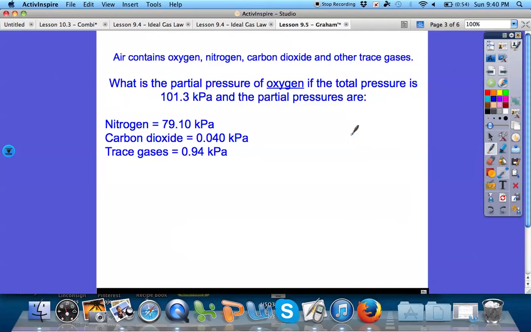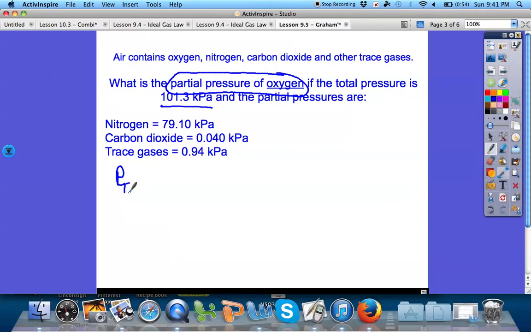So our first problem with Dalton's law says air contains oxygen, nitrogen, carbon dioxide, and other trace gases. We want to determine what the partial pressure of oxygen is. If the total pressure is 101.3 kilopascals and the partial pressures are nitrogen equals 79.10 kilopascals, carbon dioxide 0.040 kilopascals, and trace gases 0.94 kilopascals.